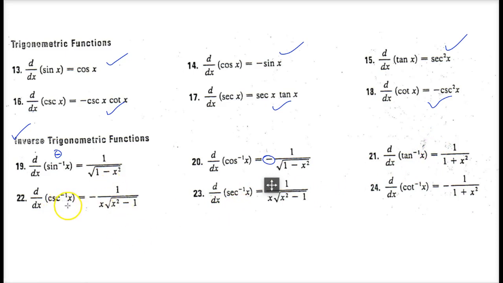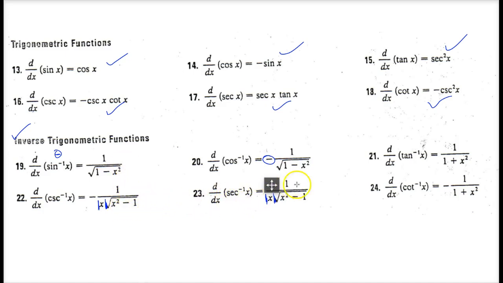For cosecant inverse, it's just negative 1 divided by x times square root of x squared minus 1. And I want to make sure that we understand that even though it's not written here, this should actually be an absolute value of x. And here should also be an absolute value of x. And you'll see that once we actually derive it.